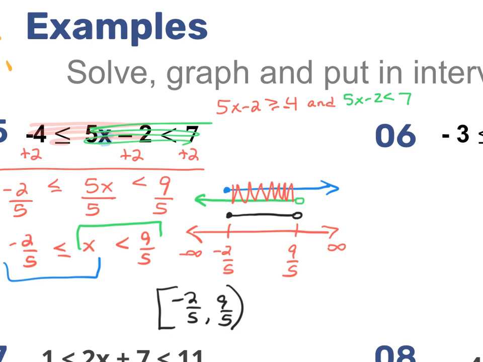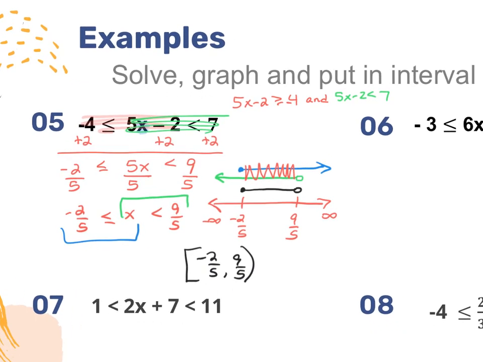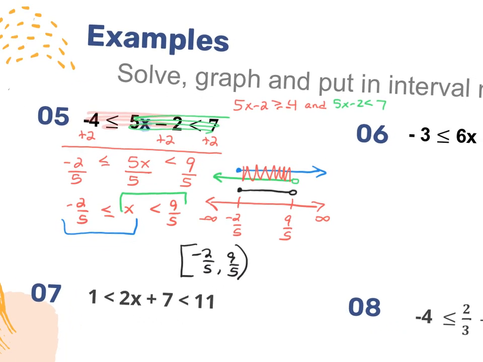And you can solve them individually. But it's a lot easier just to remember when you're solving this, just leave it compound. Whatever you do to the left, you do to the right and the middle. But if you'd rather pull them apart and do them separately, you can.